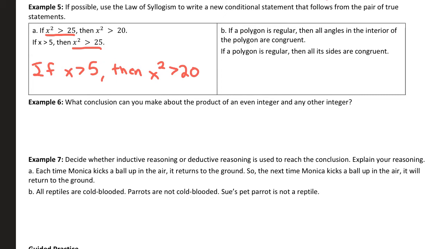In part B, it says if a polygon is regular, then all the angles of the interior of the polygon are congruent. The next statement says if a polygon is regular, then all of its sides are congruent. So we do have the statement a polygon is regular. Sure, that does match up, but this is the hypothesis of one being the hypothesis of the other. So we would say neither statement's conclusion is the hypothesis of the other.